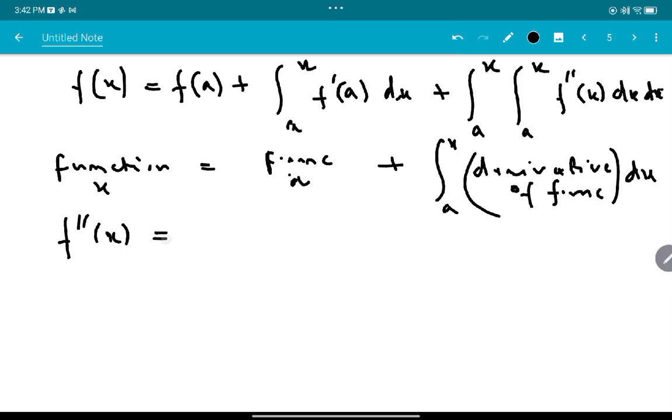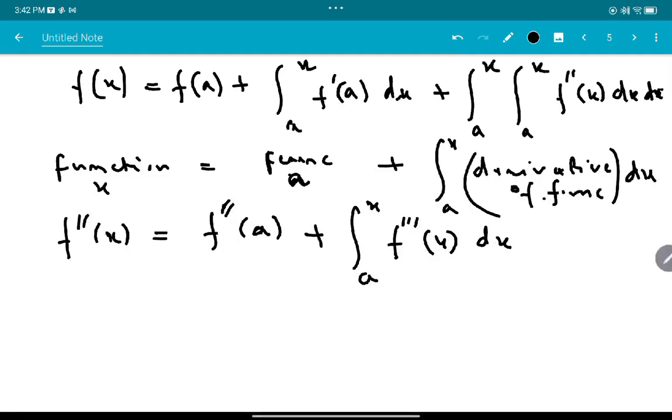Then you will have f''(a), because it is the value of the function at a, plus the integral a to x of the derivative of this function, that is the triple derivative f'''(x) dx.